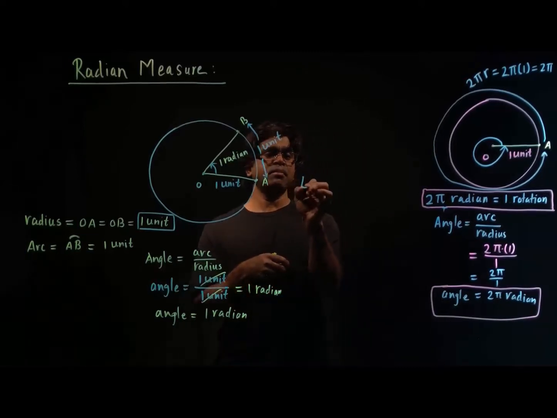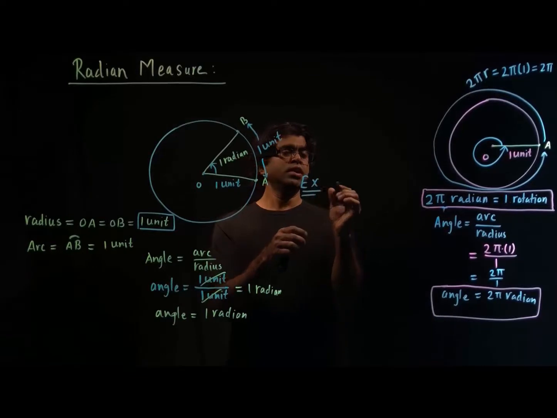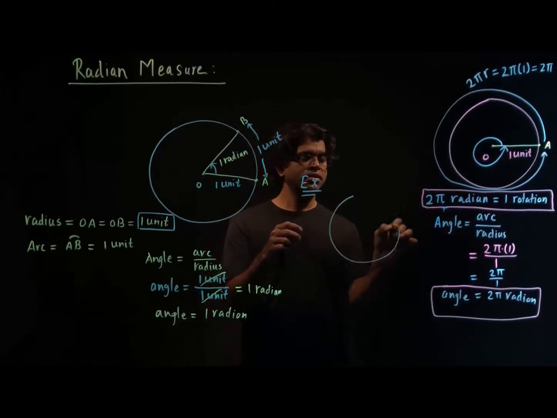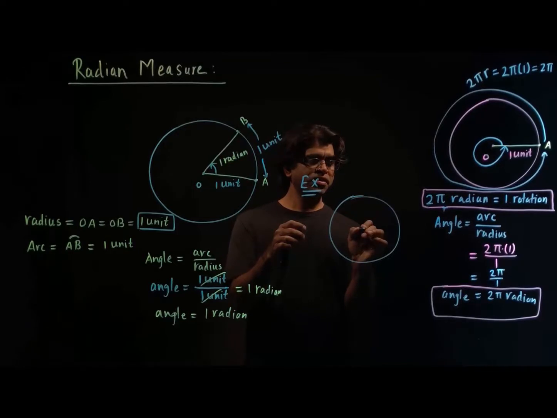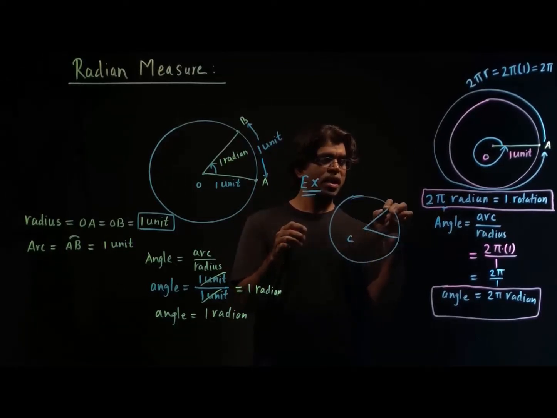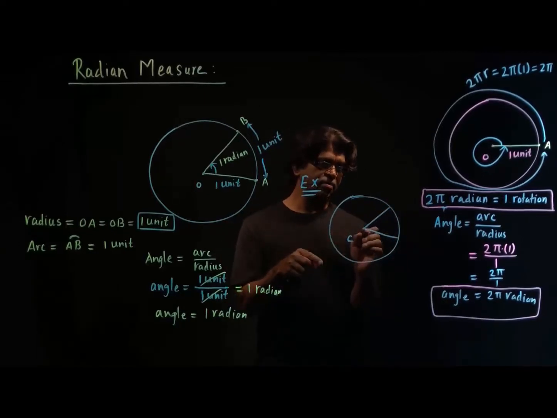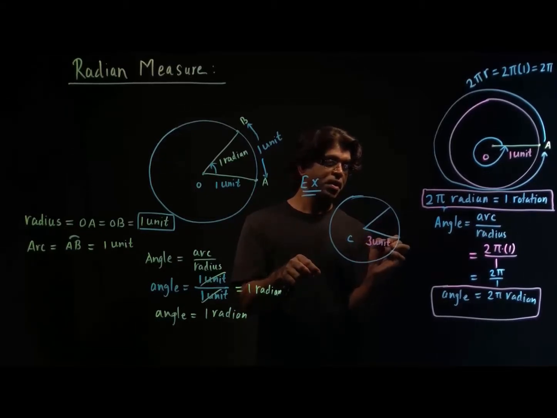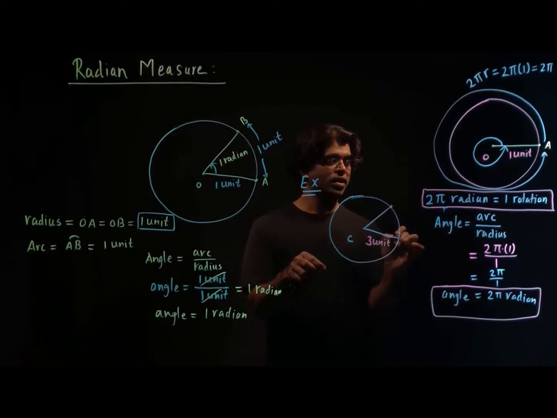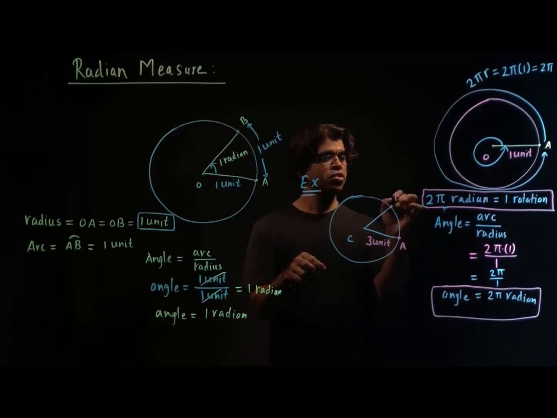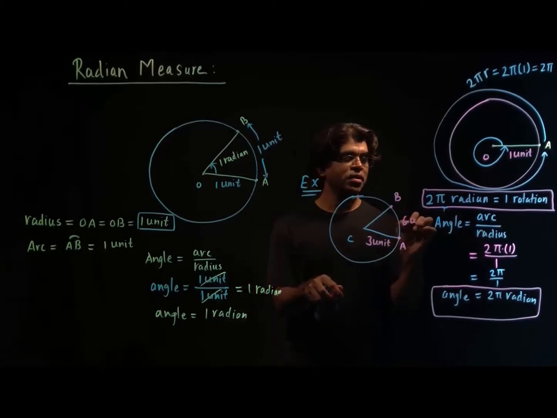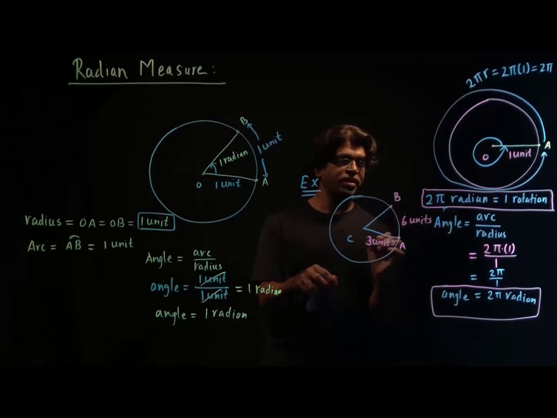Now let's consider an example. Suppose I have a circle with center C and this is my angle, and suppose this time my radius is 3 units, and my arc length, the one from A to B, is 6 units.